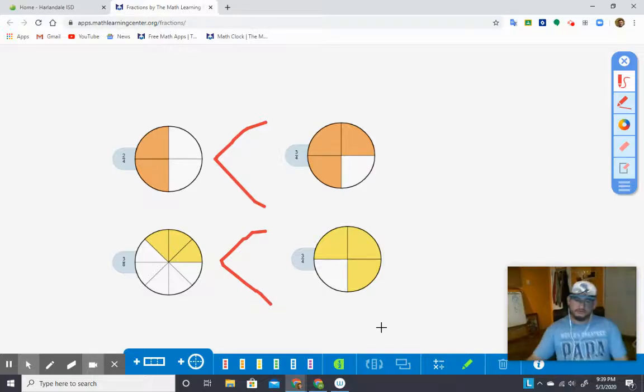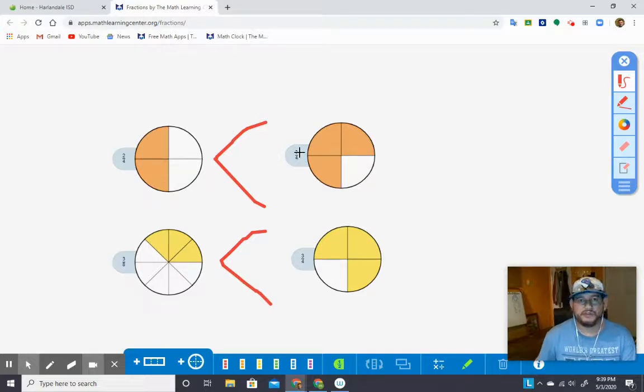So again, whenever the numerators are the same, right? That's the top numbers. You compare the denominators. The smaller the denominator, the bigger the fraction. Okay? Now, whenever your denominators are the same, you compare the numerators.